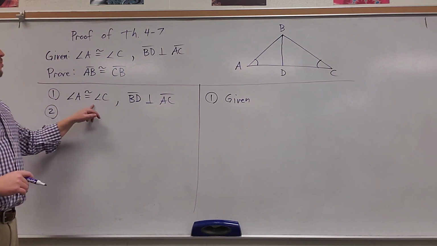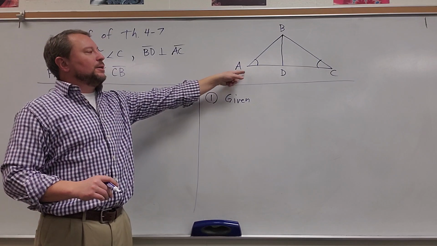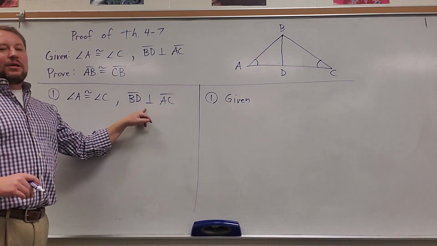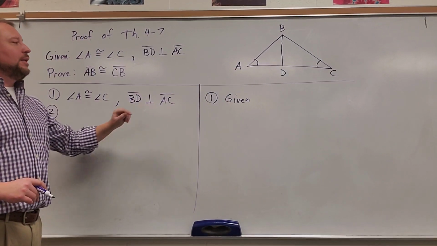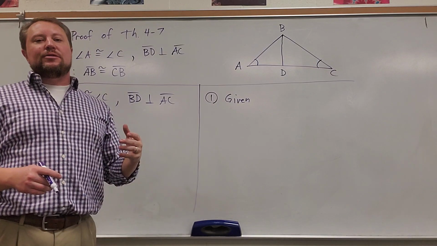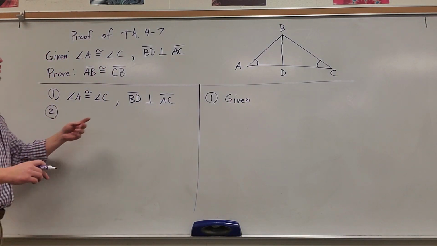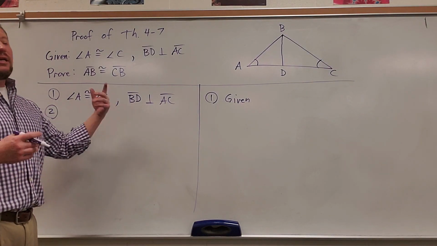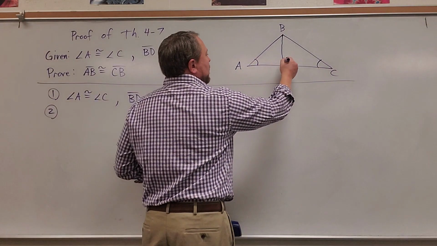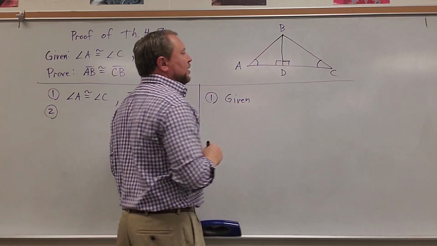All right, so I've already marked my angles congruent in my picture. This other given, though, that they're perpendicular, remember that's going to lead to a couple of steps in our proof, because the first step that follows up from this is to say that we have a couple of right angles here.